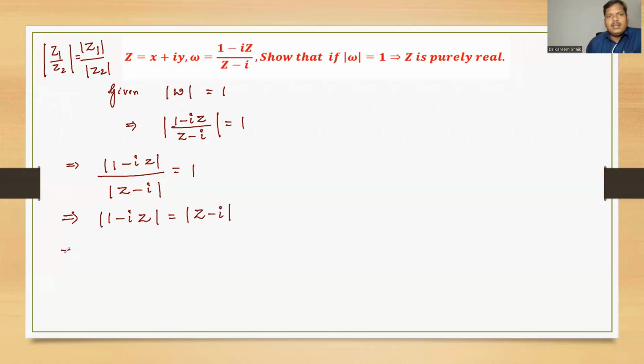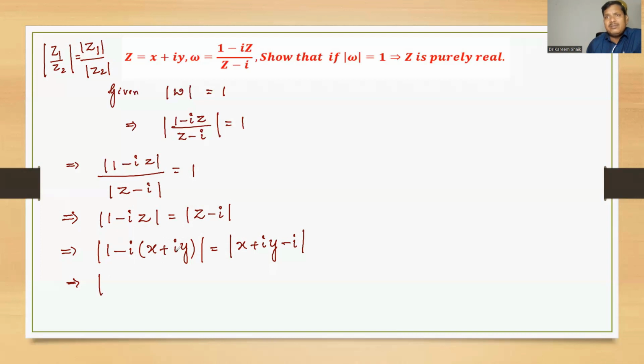Now, by doing the cross multiplication, 1 minus iota z equals z minus iota. Now, that implies 1 minus iota times, what is z? x plus iota y. I just replace the value. Equal to, what is z? x plus iota y minus iota. Now observe here, that implies modulus of 1 minus iota x plus iota into iota square.